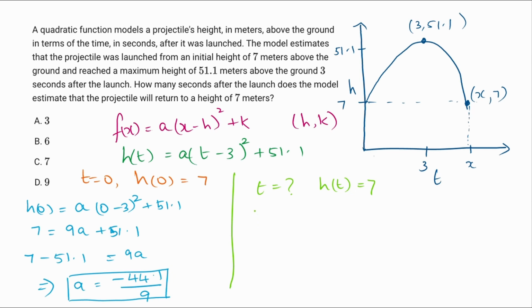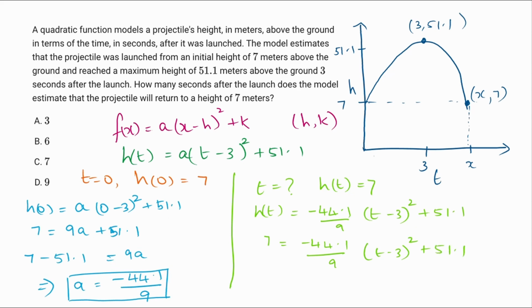So we have h of t is equal to negative 44.1 by 9 times (t minus 3) the whole square plus 51.1. So we have 7, which is equal to negative 44.1 by 9 times (t minus 3) the whole square plus 51.1.